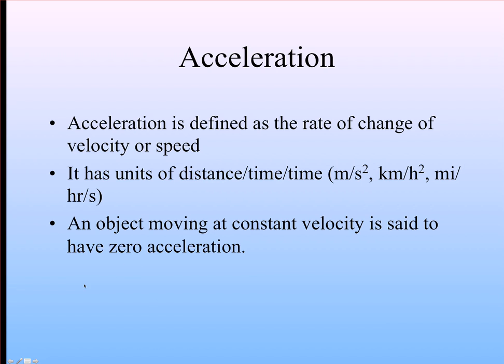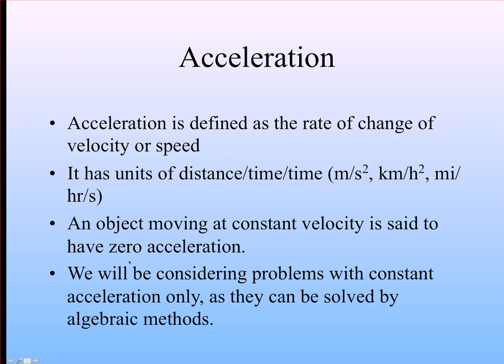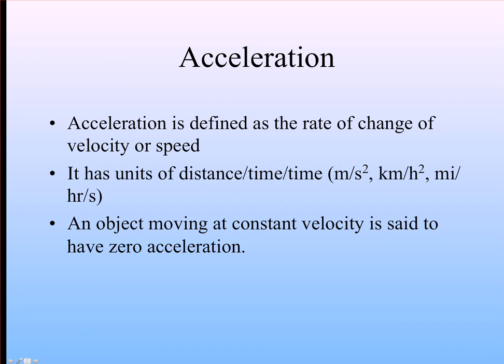Let's look at the units of acceleration. Imagine you were traveling at 35 kilometers per hour, and then you sped up to 50 kilometers per hour. You would have a change, or a delta v, of 15 kilometers per hour.